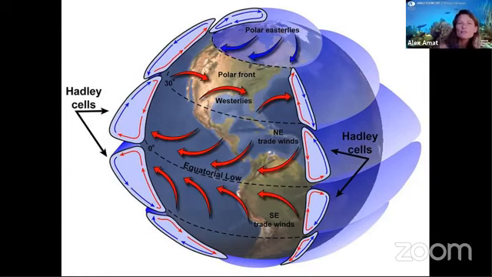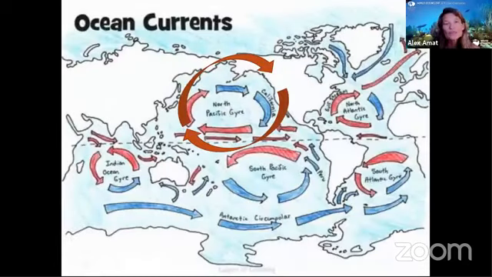And then you have those westerlies that are between 30 and 60. If you notice how they link together, moving that wind and producing currents, you will see how the circulation of the atmosphere is also linked to the circulation at the surface of the ocean.